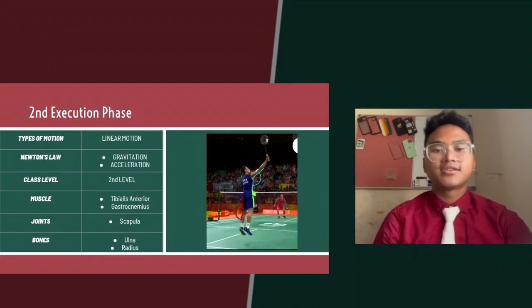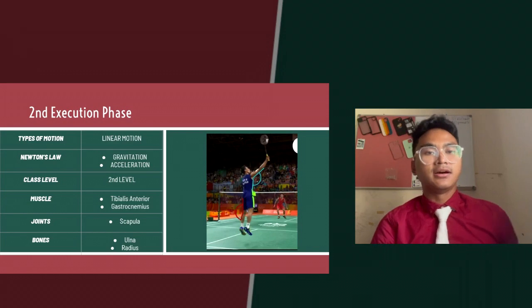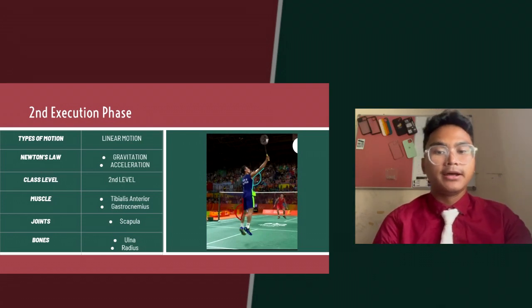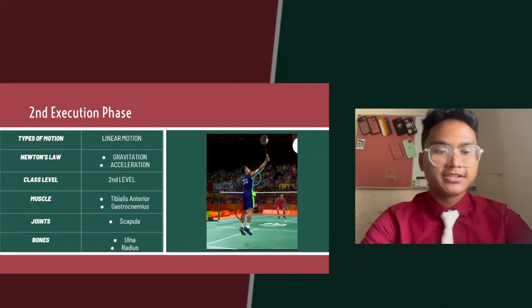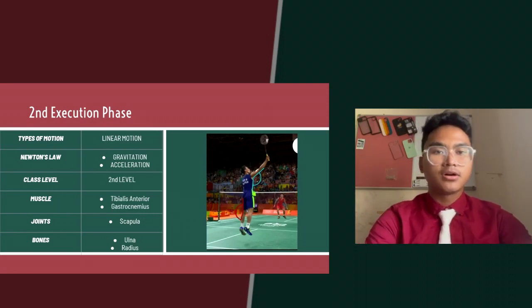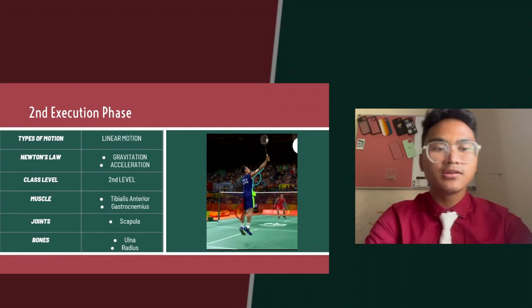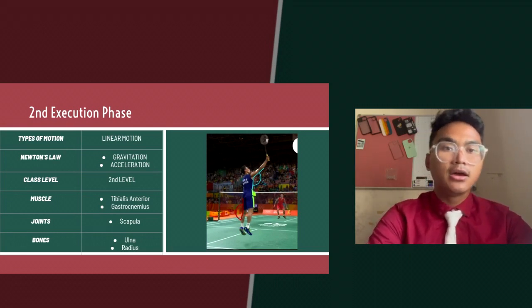The second is the execution phase, the second level. The type of motion is also linear motion, and for Newton's law we use gravitation and acceleration. We use gravitation because we jump up into the air, and for acceleration we use it at the hand.